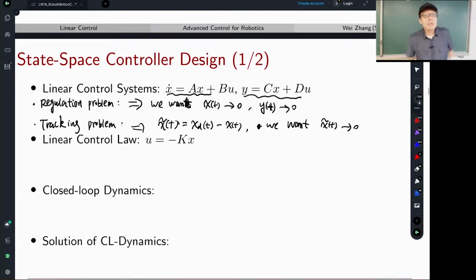All I mean is that for the majority of problems we care about, the linear control design just tries to make sure the state vector converges to 0. The state can be the original state or the deviation from your desired state vector.